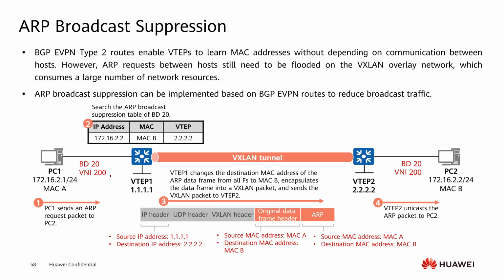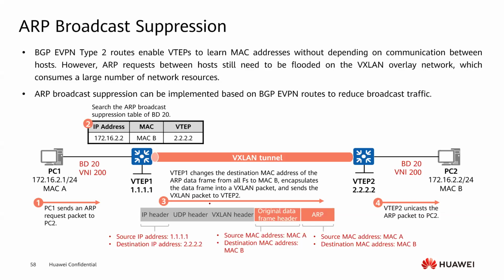So let's look at the working mechanism of this. PC1 will send an ARP request packet to PC2, and VTEP 1 will search the ARP broadcast suppression table on BD20. Then VTEP 1 will change the destination MAC address of the ARP data frame from all Fs to MAC B. Then it will encapsulate the data frame into a VXLAN packet and send it to VTEP 2.